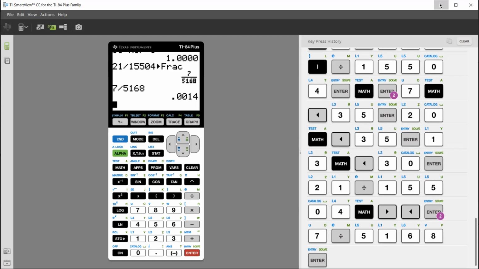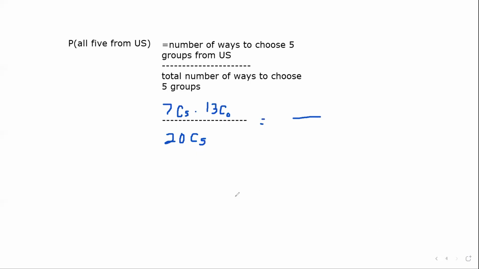My screen share says it's paused. So let me put my numbers in here. This is 21, and this is 15,504.